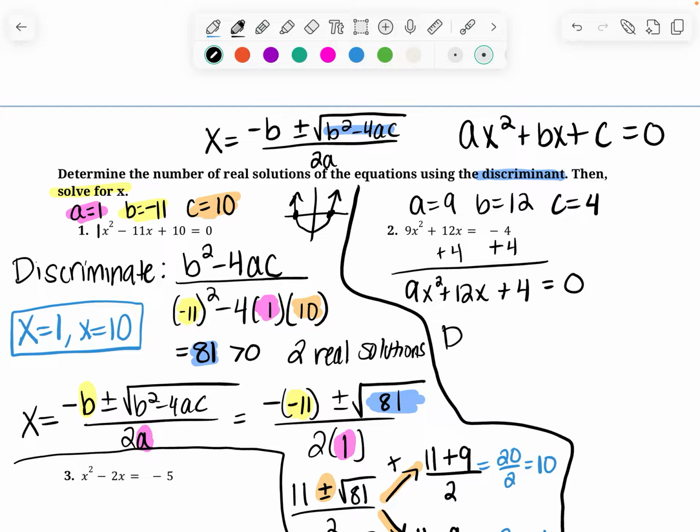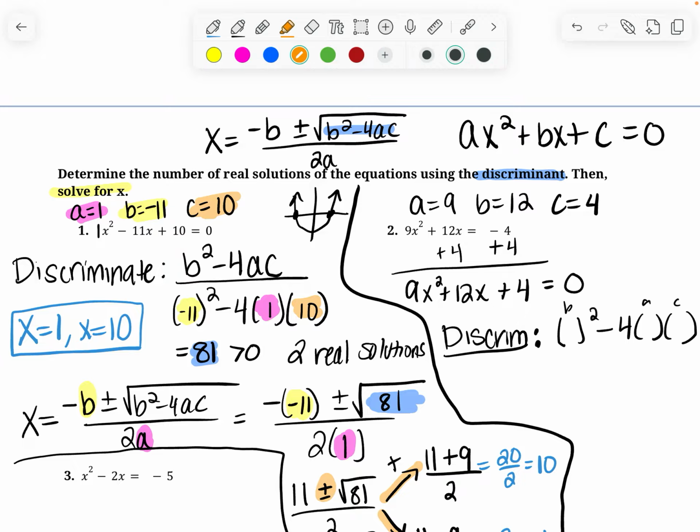The first thing we're going to do is find that discriminant, which again is going to be b squared minus 4ac. So remembering that we are going to be plugging in the 9 for the a. B is 12, so when we do b squared, we're going to have a 12 squared.